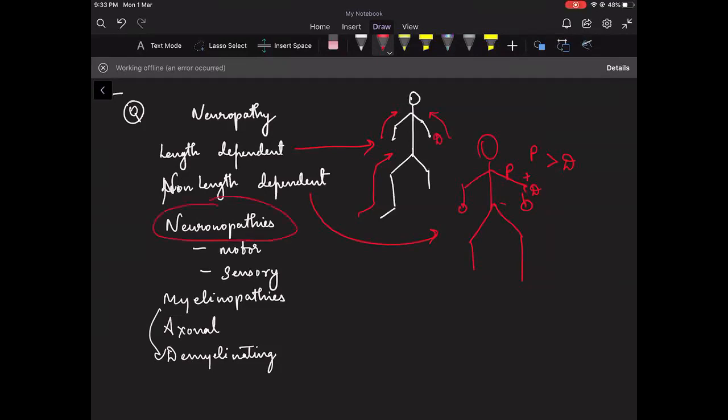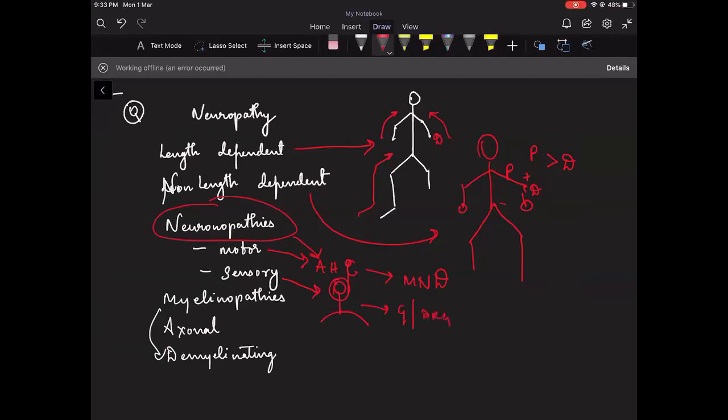Neuronopathies are defined as when the nerve cell body is affected. If the motor nerve cell body is affected, it is called anterior horn cell disorder, and one of the most common causes is motor neuron disease. If the sensory neuron, that is the dorsal root ganglion, is affected, it is called ganglionopathy, or dorsal root ganglionopathy.